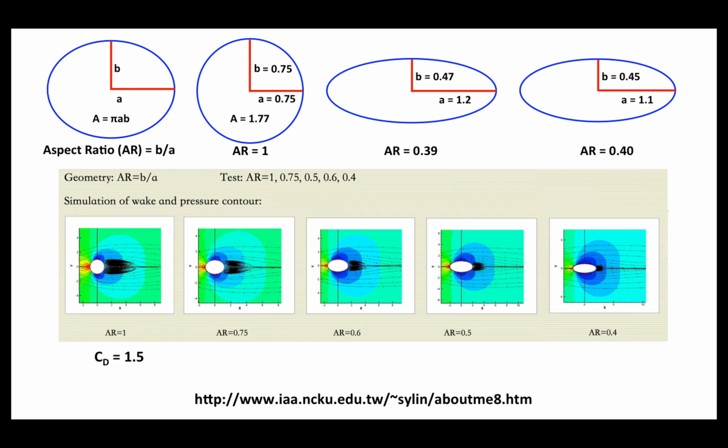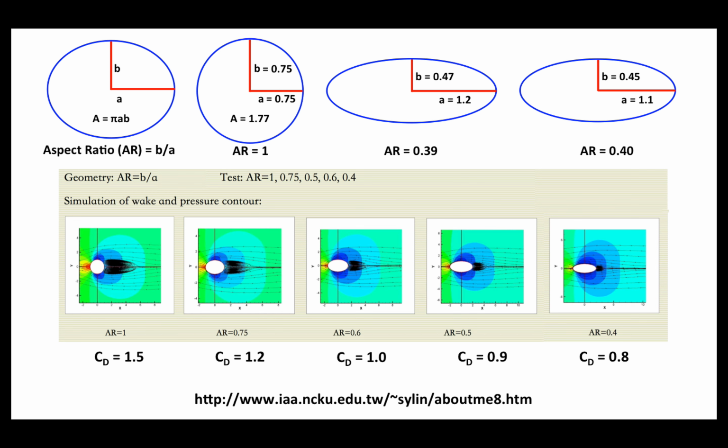The round spoke with an aspect ratio of 1 has a computed drag coefficient of 1.5, and then moving to the right as the spokes become increasingly elliptical, the drag coefficients go down: 1.2, 1, 0.9, and 0.8. Not surprisingly, as we go from left to right, becoming more aerodynamic and the drag coefficient going down at the same time, it's not surprising that we see less drag in the wake of the spoke.